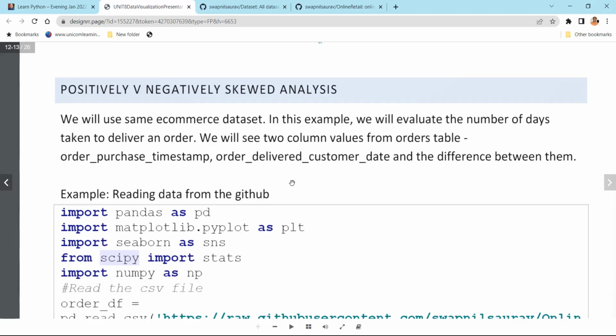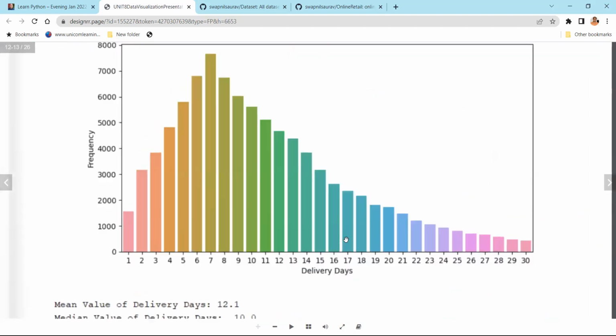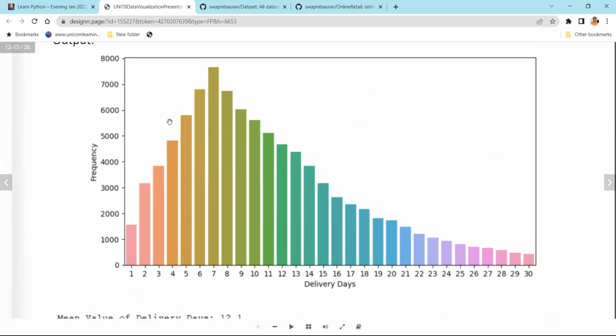Now to do that, there's a column called number of days, the delivery days. So what we did, we counted the delivery days, from the date the customer ordered a product to the date it was delivered. This is a histogram, not a bar graph. We have taken delivery days: products delivered within a day, 2 days, 3 days, 4 days, and so on up to 30 days.